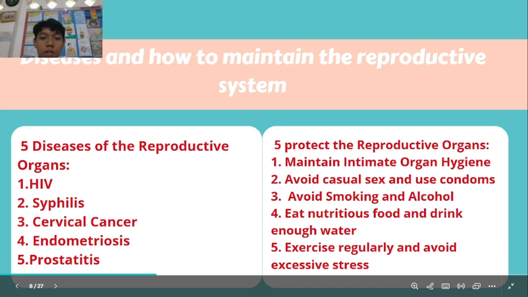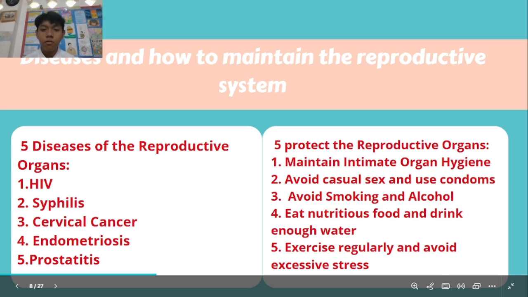And to talk about 5 diseases of the reproductive system. First is HIV, a dangerous one, and syphilis, then, for the woman, endometriosis, and prostatitis for the man.